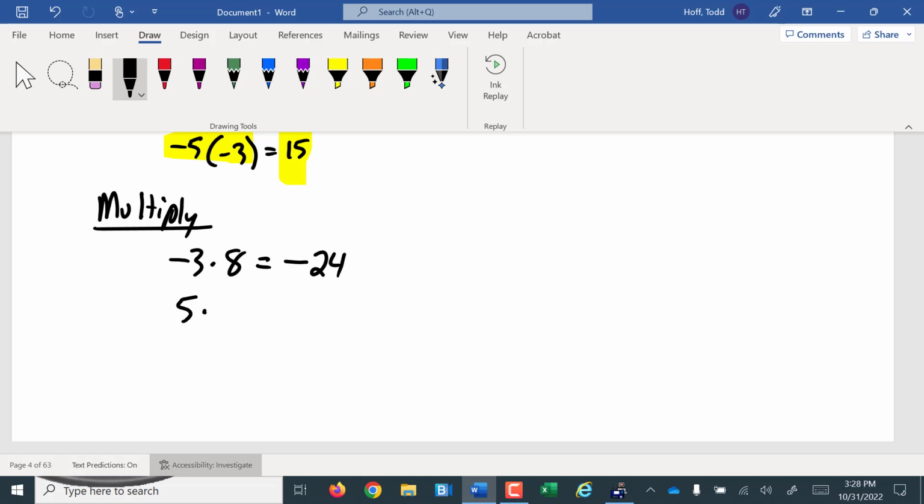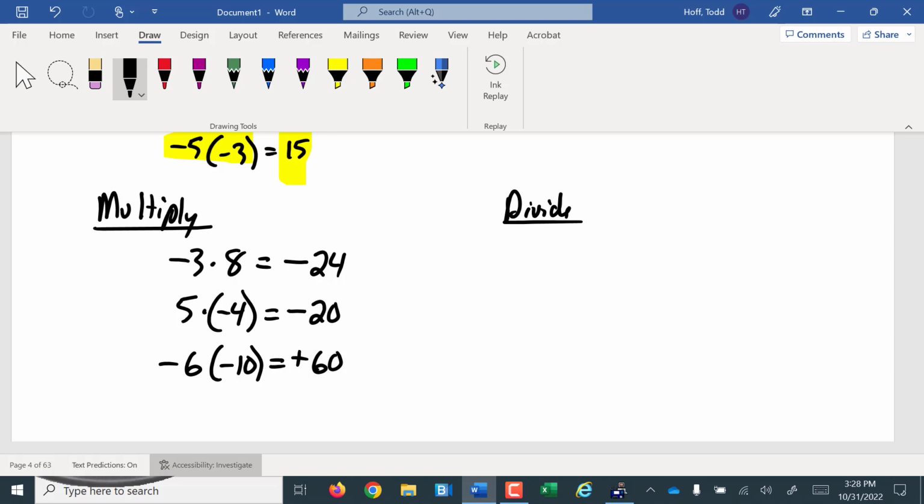If I have a positive like 5 times a negative, let's just go with negative 4, the answer is going to be positive or negative. Negative, and 5 times 4, 20. Or if I have like a negative 6 times a negative 10. Negative times a negative will be positive, and 6 times 10, 60.